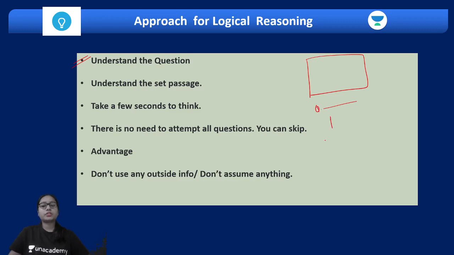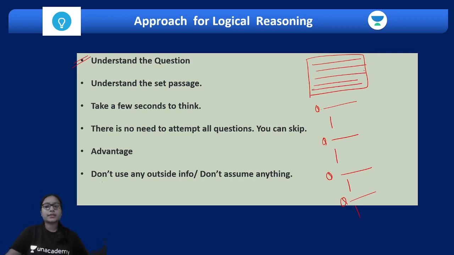So I have a passage, then a question, then options, another question, then again options. This is the format of a logical reasoning question in CAT. This is the passage that is given. Sometimes this passage could be very text heavy.